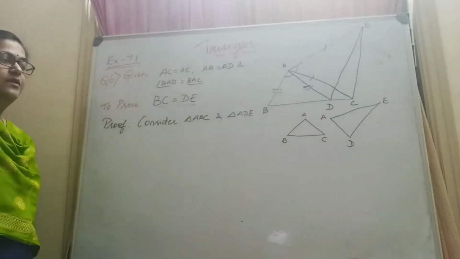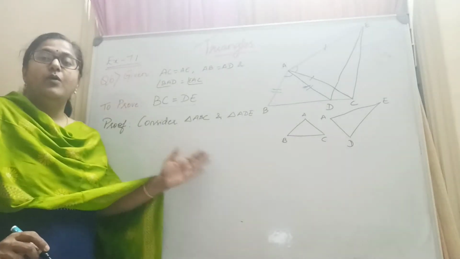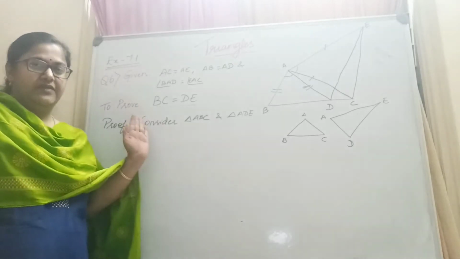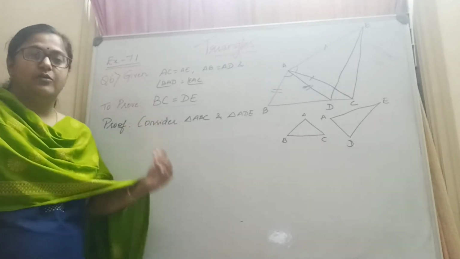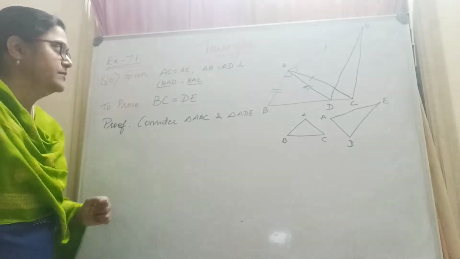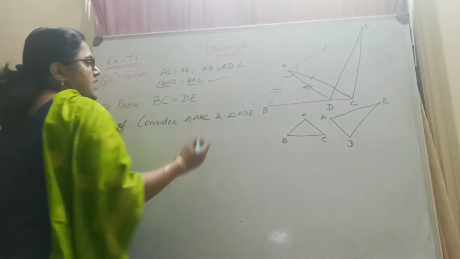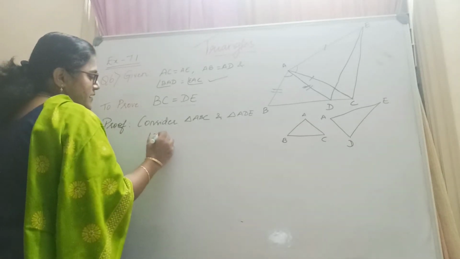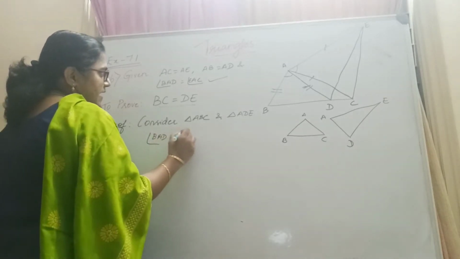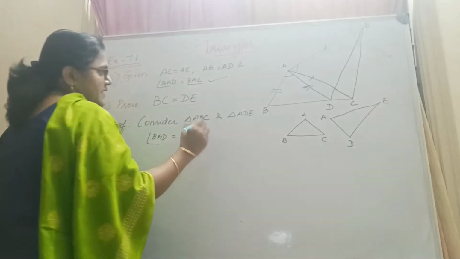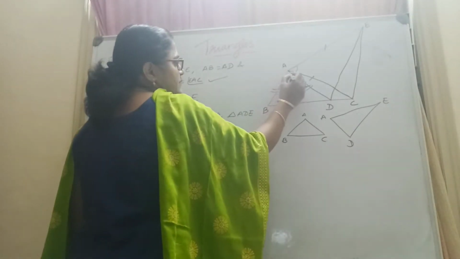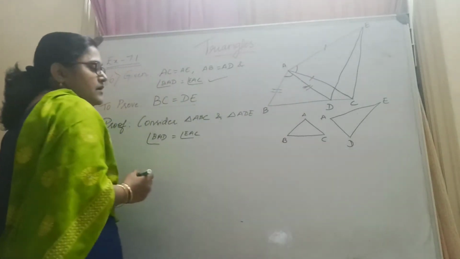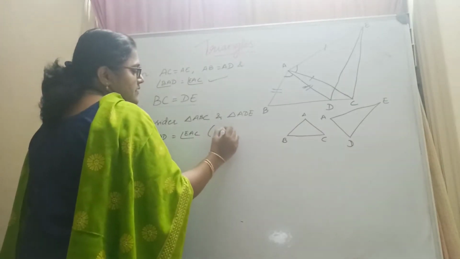Now, how am I going to prove that those two triangles are congruent to each other? Only with the given information. Whatever they have given, that only I have to utilize to solve my problem. So, I will take the equivalence of angle into consideration. Angle BAD is equal to angle EAC, it is given.